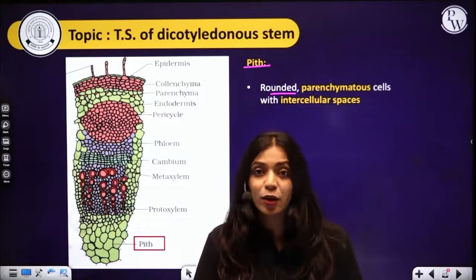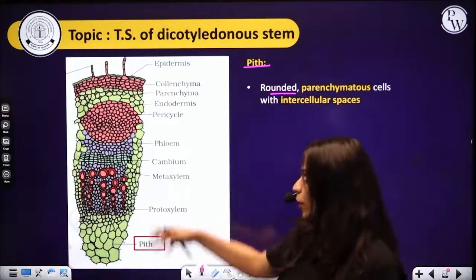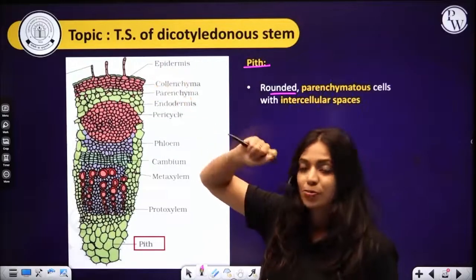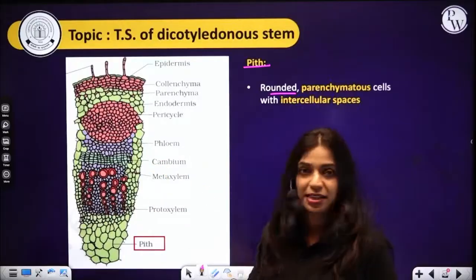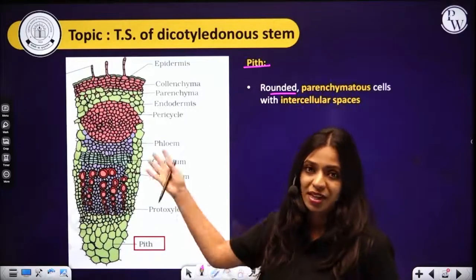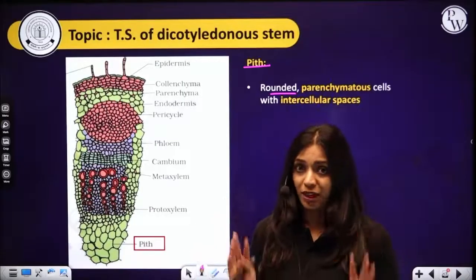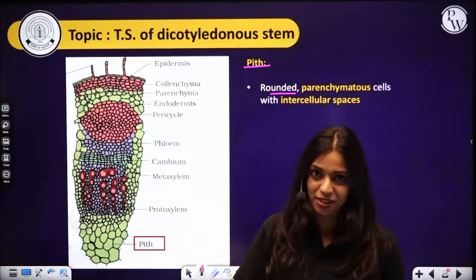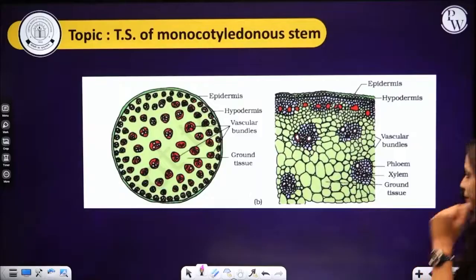So it is in dicot stem that you can find all the types of tissues that you've studied about. We saw a lot of parenchyma in the cortex, endodermis and epidermis. We spoke about collenchyma in the hypodermis. There's sclerenchyma in the pericycle. There are xylem and phloem in the vascular bundles. So every type of permanent tissue that you've studied about, you can find in this section of the dicot stem.